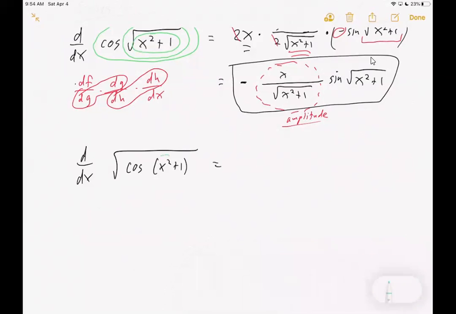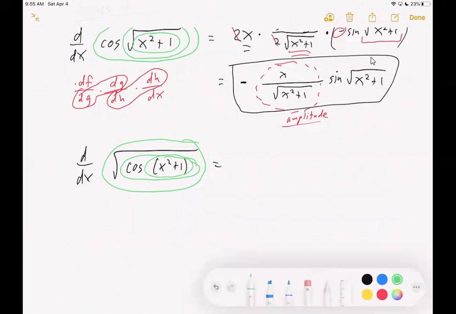Okay, so here are the layers if you didn't get that. There's layer 1, layer 2, and layer 3. Go ahead and try to take the derivatives if you haven't already. Layer 1 has a derivative of 2x.